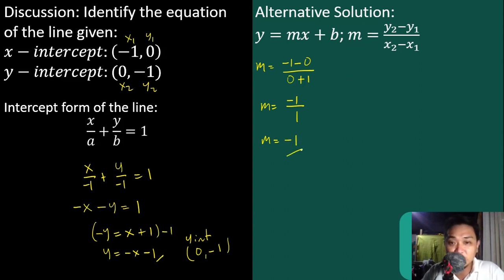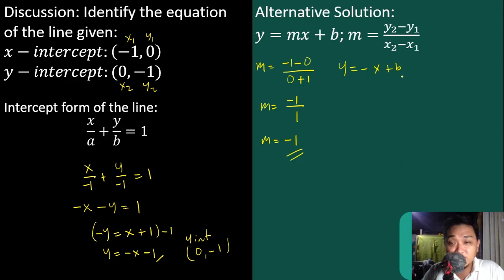So we already have the slope. What we lack is the value of b. So let us rewrite the slope-intercept form. y is equivalent to, what is our slope? Negative 1, so negative 1x. No need to write the 1. So that is negative x plus b. And then we choose one of these two points. We choose one coordinate to substitute for the values of x and y.